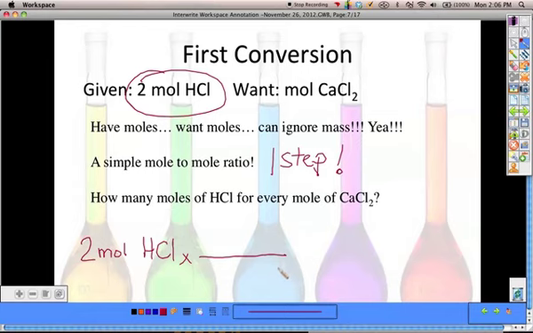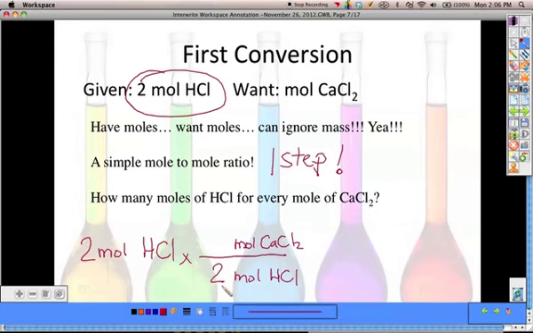I'm going to have to look back at my balanced reaction because that's where the numbers are going to come from. So I'm looking to get moles of CaCl2, and I'm looking to get rid of moles of HCl. Moles of HCl goes on the bottom because I'm trying to get rid of it. Well, what number should I put with my moles of HCl? 2.